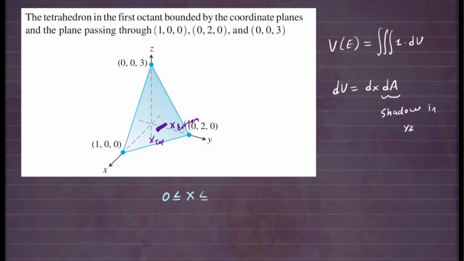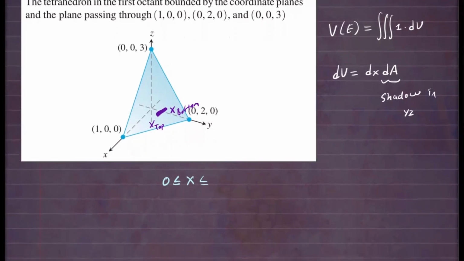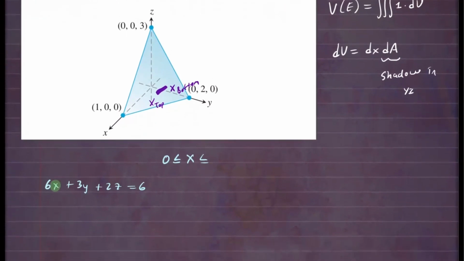Now we need to figure out what x top is. Well, x top is the plane, but we need to solve for that plane in terms of y and z, so we'll solve for x. If you recall the equation of this plane, we said that it was 6x plus 3y plus 2z equals 6. So what we're going to do is solve for x. That will be the x top, or x front, if you want to think of it that way.